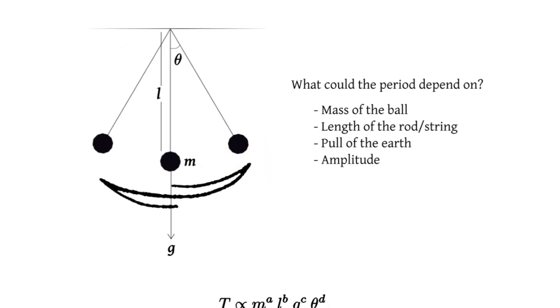There are other factors too which could have an effect, temperature, humidity, and so on, but we are not going to worry about them because they don't seem to be as relevant as these four that we have identified.